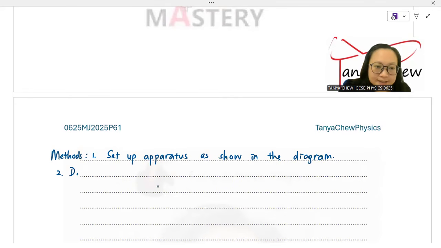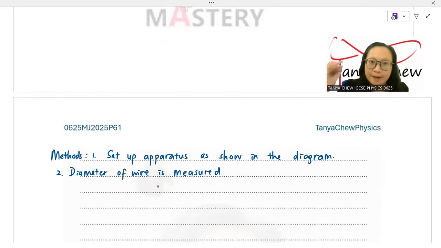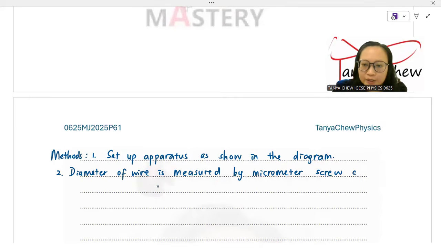I said that the diameter, because we are investigating the different diameters of the wire, is measured. Because you're the planner, you have to suggest the apparatus that can be used to measure the diameter of the wire. It's measured by micrometer screw gauge. Done.